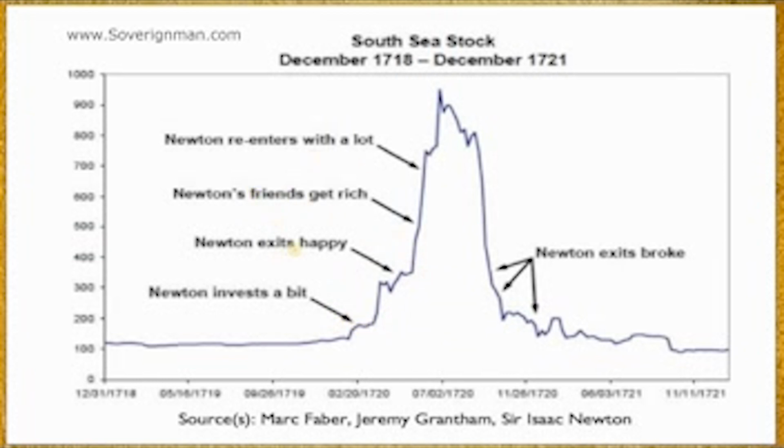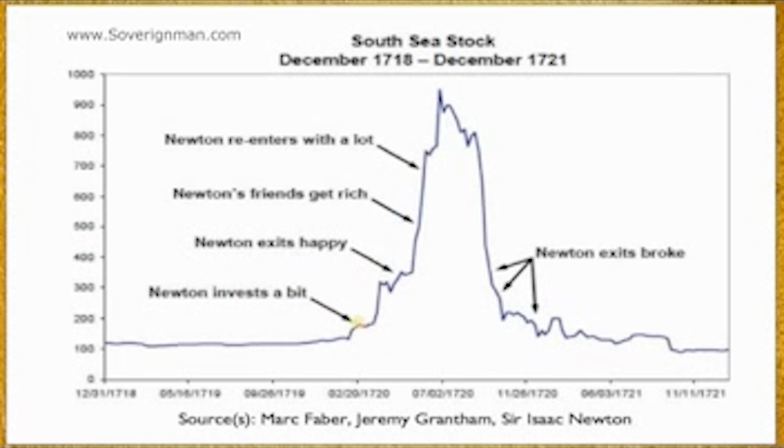This chart has been annotated by an interesting story, which goes to show that just because something's in a bull market doesn't mean that profits are guaranteed. So if we look here, this is actually Isaac Newton who got involved in this stock.